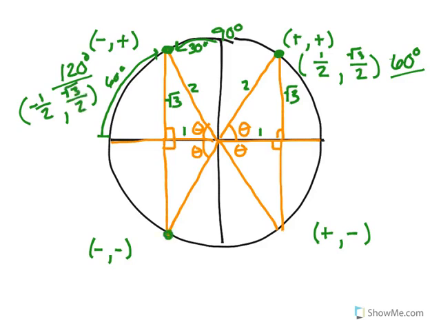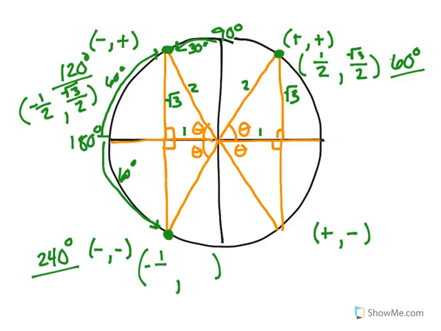So now we need to figure out where this degree measure is in the third quadrant. This over here is 180, and we need to add 60 more, which is going to be 240. And the coordinate is the same as the first quadrant, but we need to change both of the signs, negative 1/2, negative root 3 over 2.